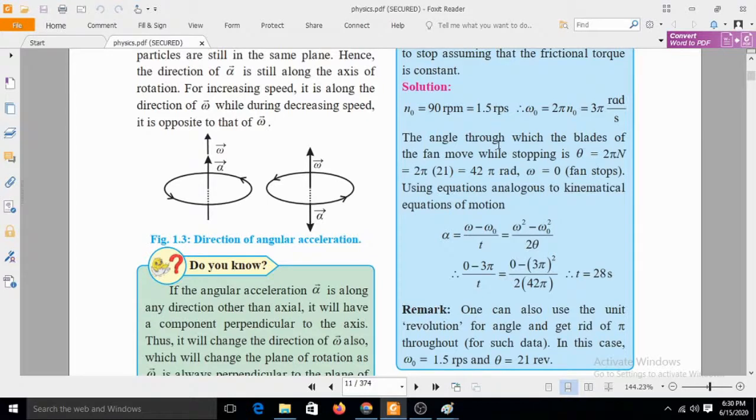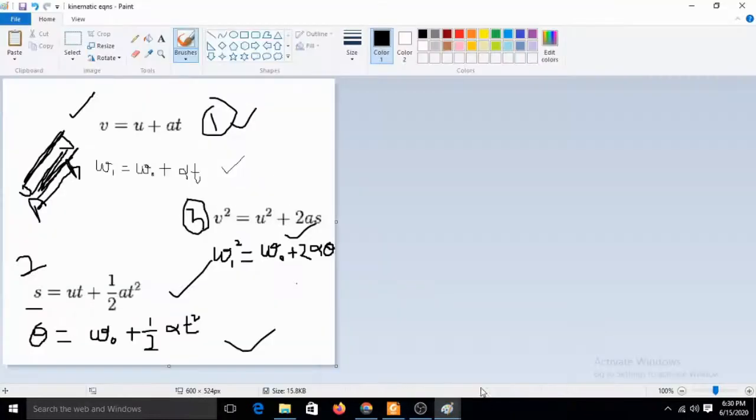That means what we have done is 90 by 60. Okay, we have divided. 90 by 60.